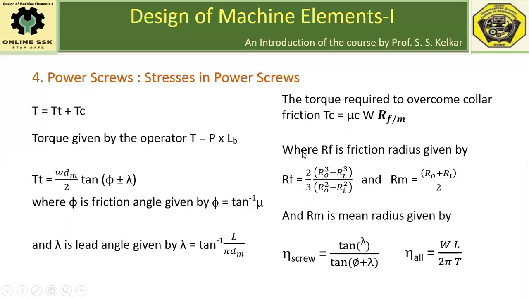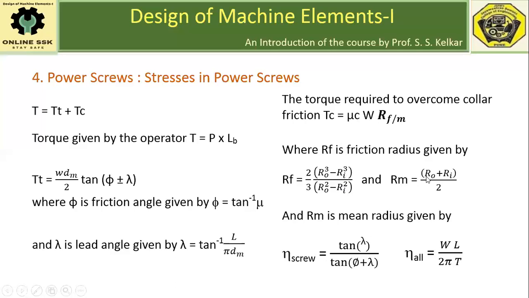If it is required to use uniform pressure theory, then we have to use Tc equal to mu c W Rf. If it is required to use the uniform wear theory, then we have to take into account Rm, so in that case, Tc will be calculated as mu c W Rm.